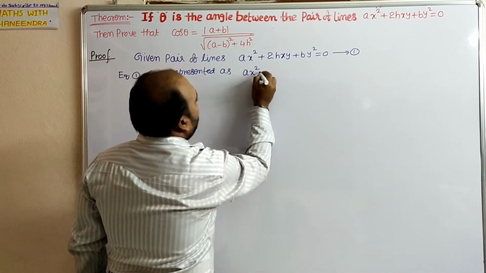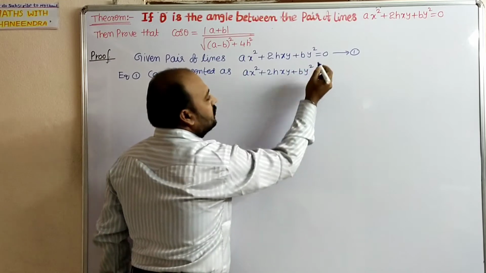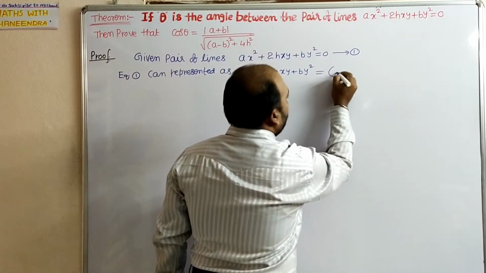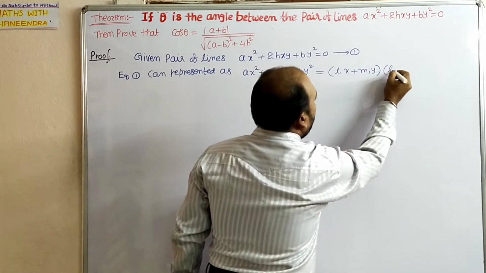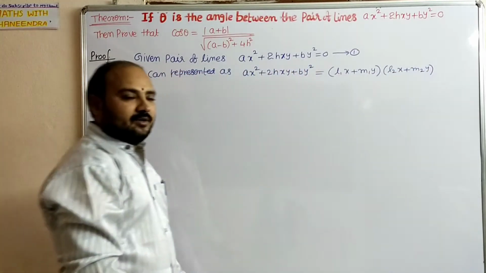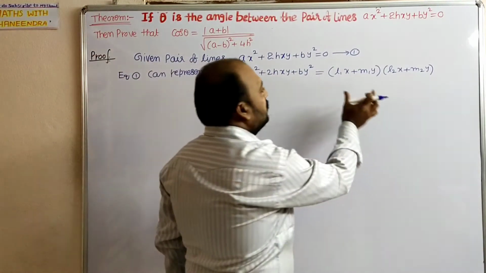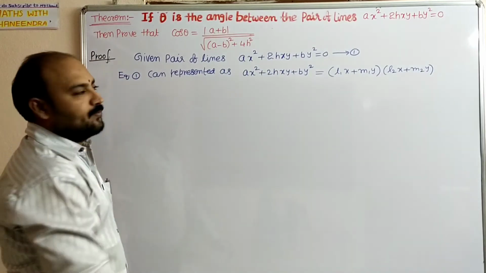ax square plus 2hxy plus by square equal to the product of two lines, (L1x plus M1y) into (L2x plus M2y). So the product of these two lines is equal to the given pair of lines.